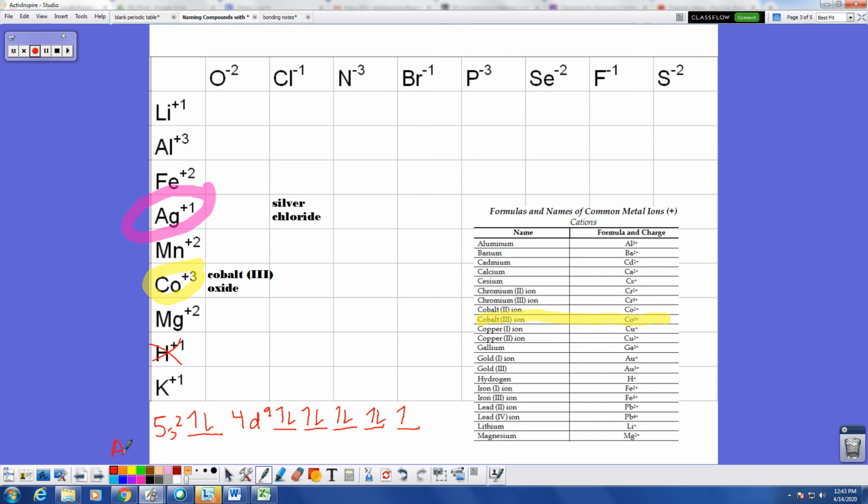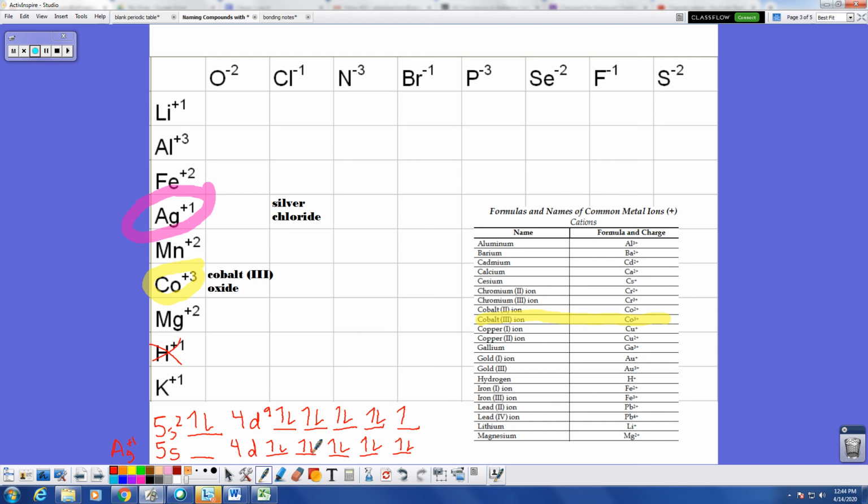So to justify silver +1, which means it's going to lose 1 electron, well, what actually happens is one of these electrons is lost. The other electron comes here to make this be 4d10. Because that gives it a full lower shell, there's nothing in level 5, so it ceases to exist, and that's more stable.